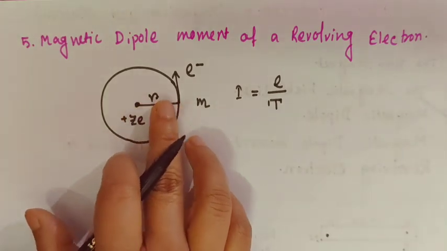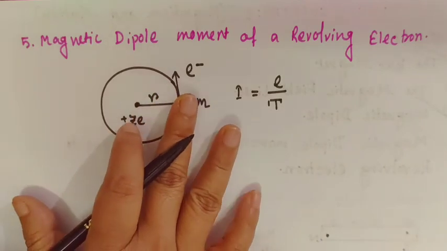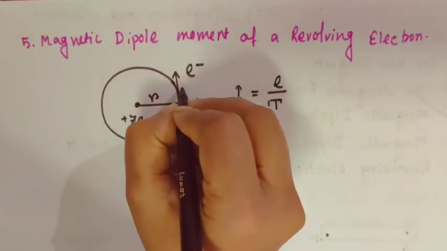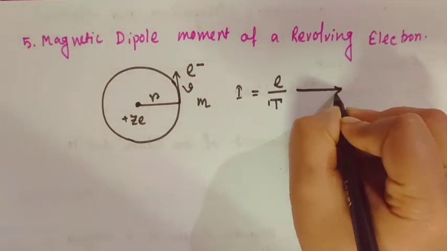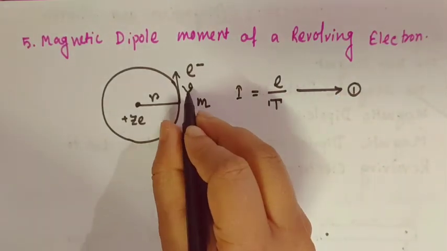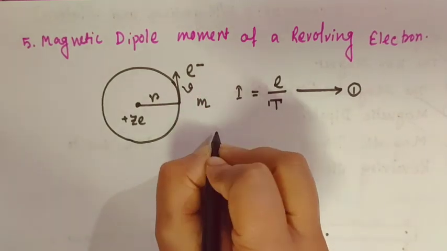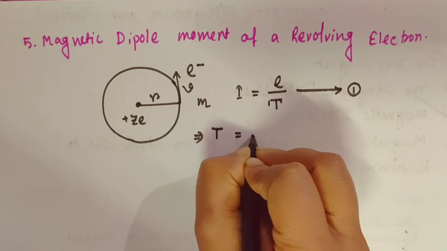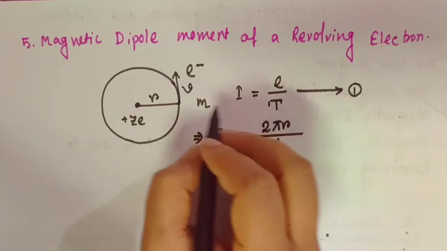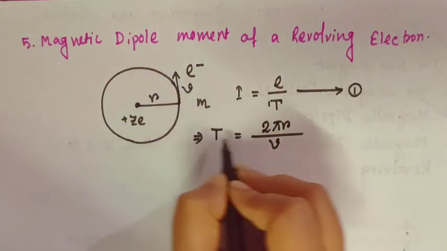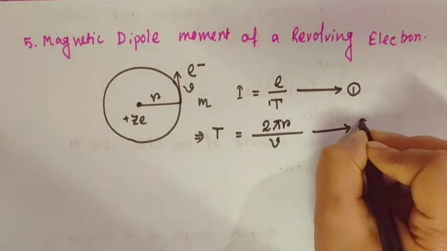Now, if r is the radius of the orbit for the electron and v is its orbital speed, then we can write, give this equation number 1. If v is the velocity and T is the time, then the time taken is 2 pi r by v. Why 2 pi r? Because the perimeter of this circular path is 2 pi r. So T is equal to 2 pi r by v. Give this equation number 2.